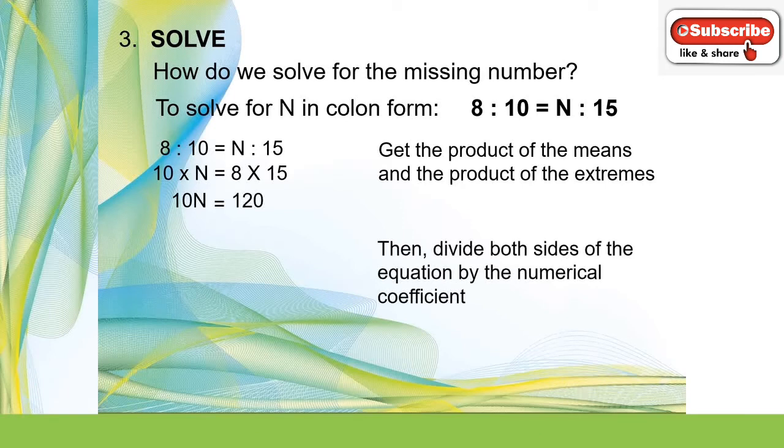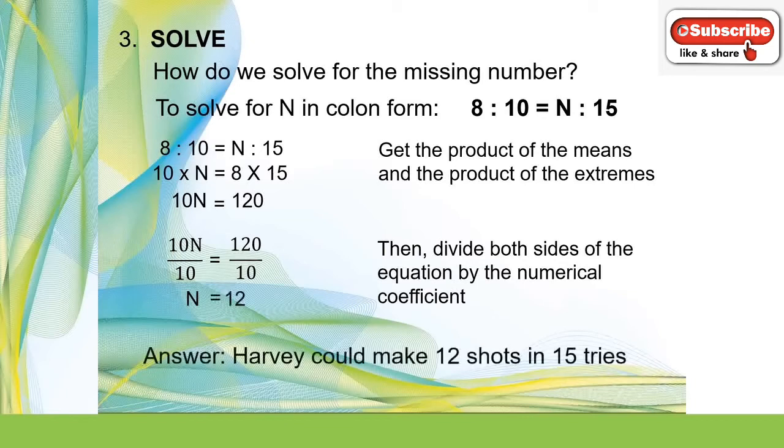Then divide both sides of the equation by the numerical coefficient. 10n divided by 10 and 120 divided by 10. 10n divided by 10 is equal to 1n, or simply n, and 120 divided by 10 equals 12. Therefore, Harvey could make 12 shots in 15 tries.